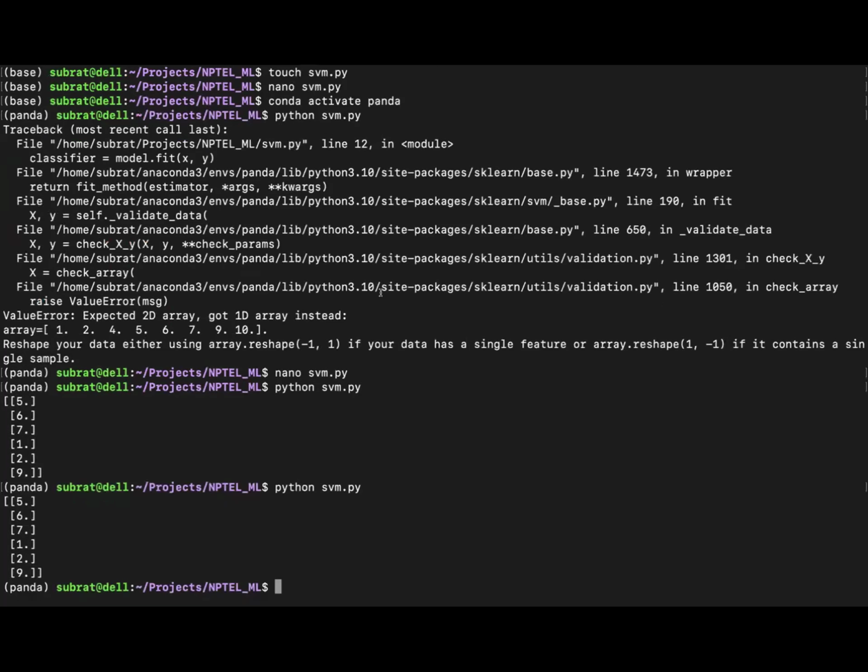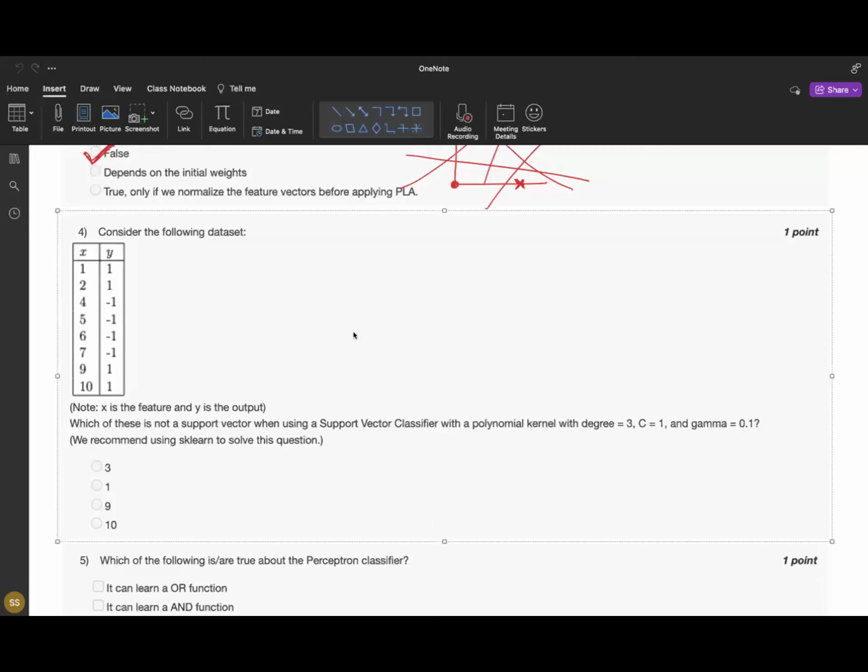So the question that I had: which of the following is not a support vector when using the SVC class? If I share the screen now here. Yeah.